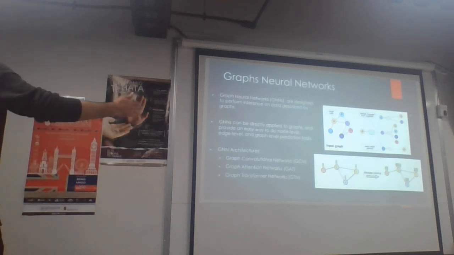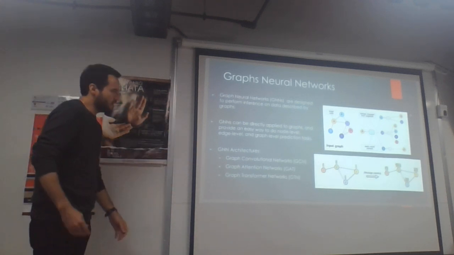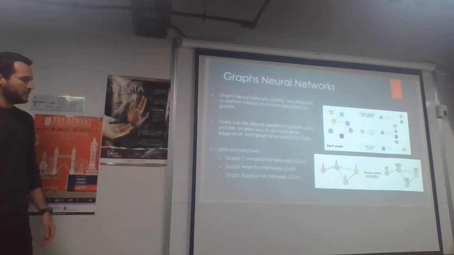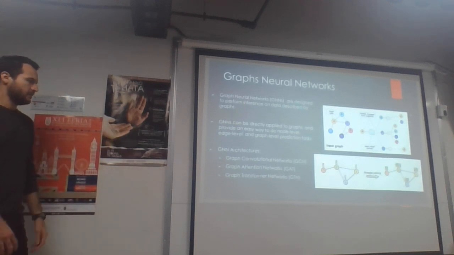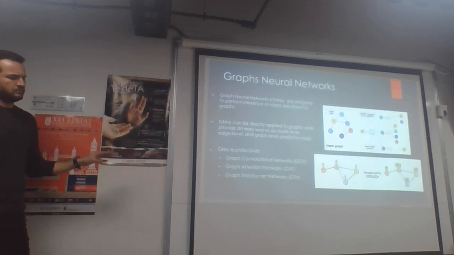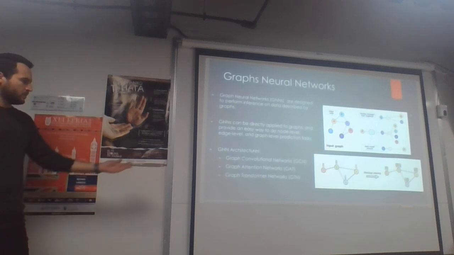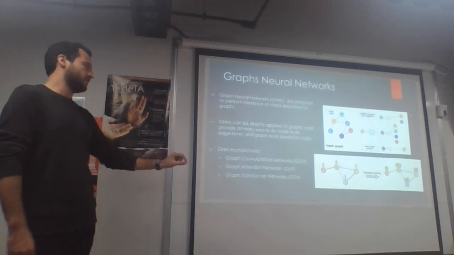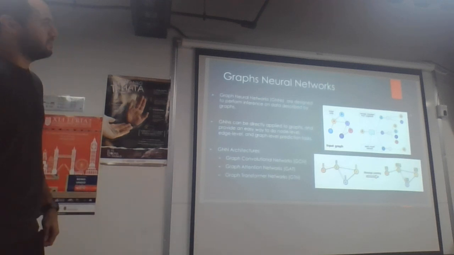For example, graph convolutional networks, or GCN, which use the traditional convolutional layers, and also graph attention networks, or GAT, which use attention mechanisms on the nodes, and also graph transformer networks that use the transformer architecture but implemented in graphs. And the next one, please.